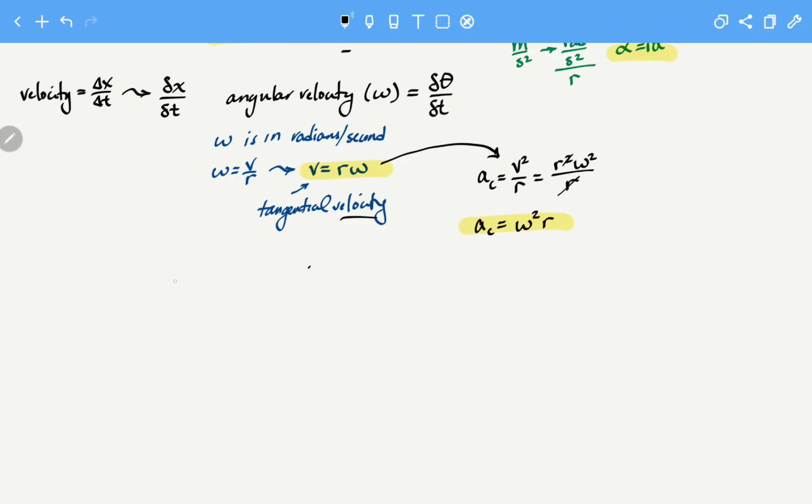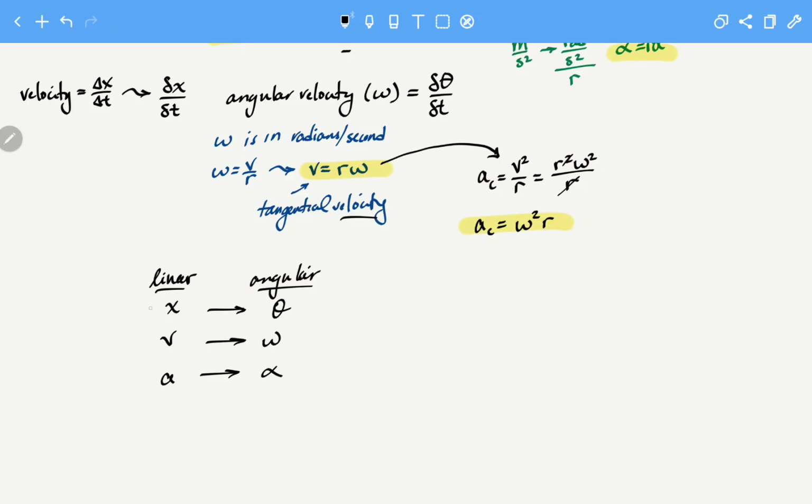If we look at this in terms of linear, we have x, but in terms of angular, we have theta. All right, so our x becomes a theta. And then our velocity, v, becomes omega. And then acceleration becomes an alpha.